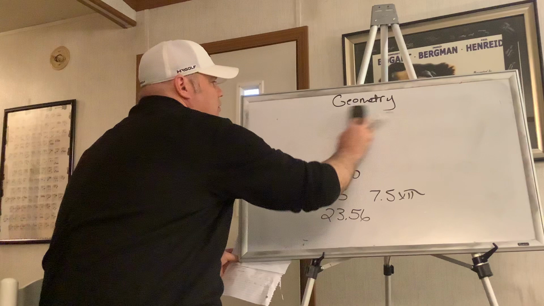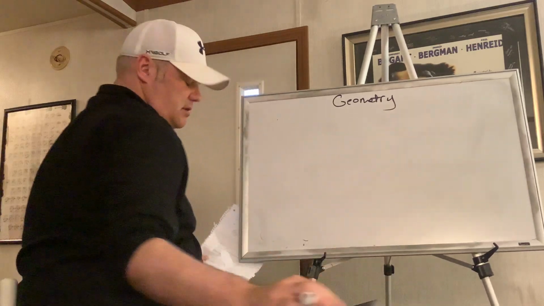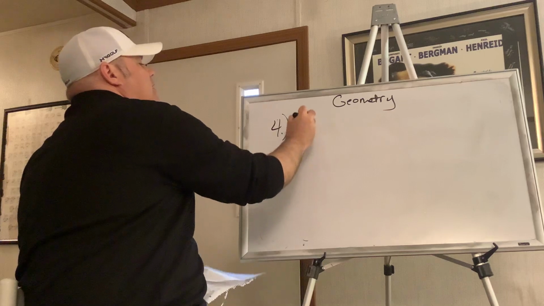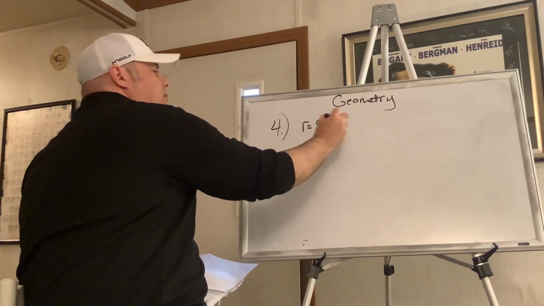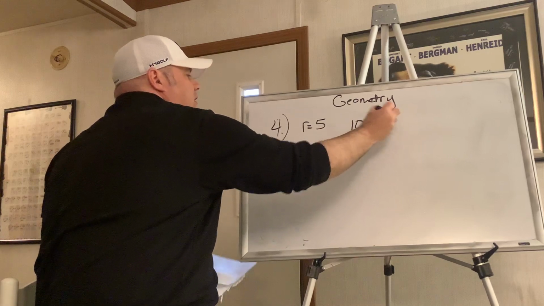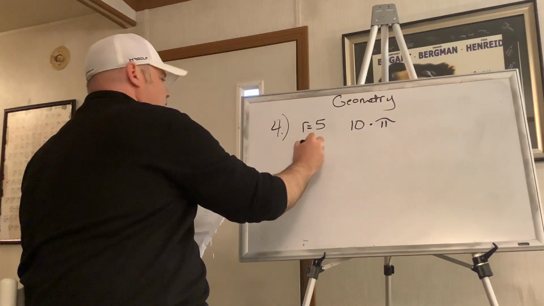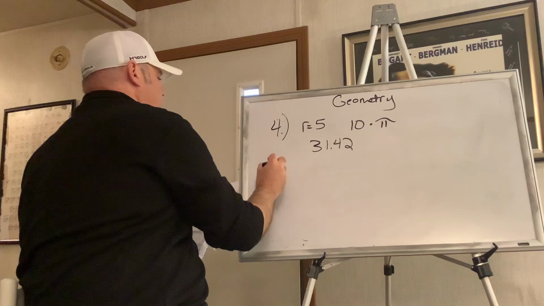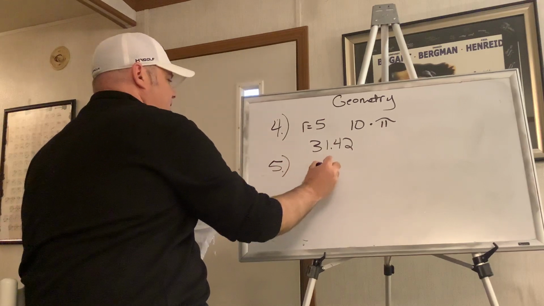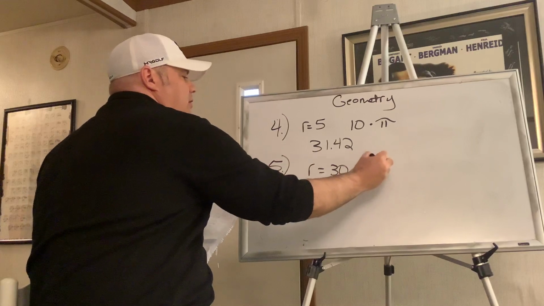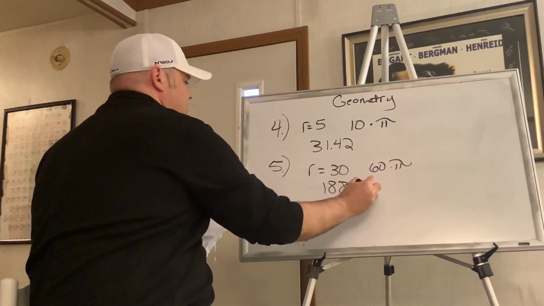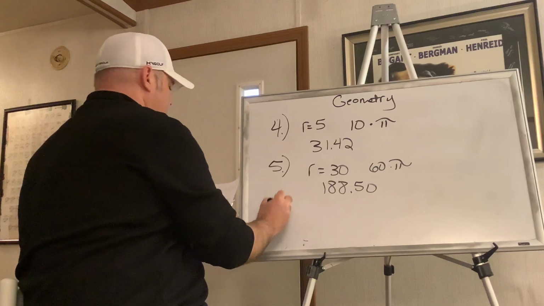Then you had to do the ones with the radius given to you. So number 4 was a radius of 5, so you had to double that to get diameter and multiply times pi. So 10 times pi should have gave you 31.42. Number 5 was a radius of 30, so you had to double that and do times pi, and you should have got 188.50, rounded to the nearest hundredth.